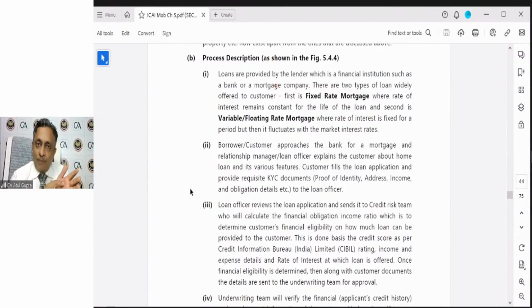A bank can provide a home loan, non-banking finance companies provide home loans, and other financial institutions, including dedicated housing finance companies, provide home loans. There are two basic categories of home loans: a fixed rate mortgage and a variable or floating rate mortgage. We have talked about how they work.